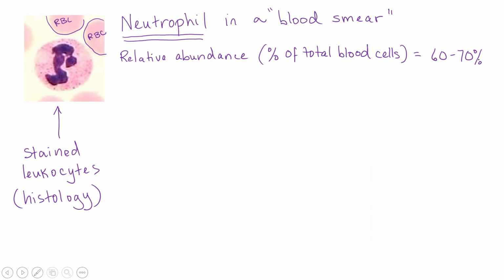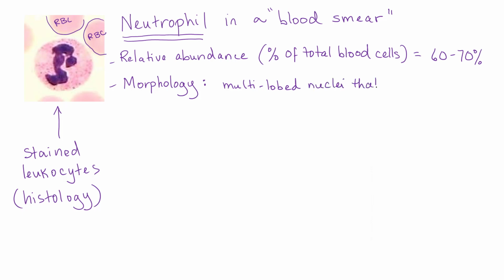One of the characteristic features of seeing neutrophils in a blood smear is that if we look at their morphology, if you remember that word, just refers to their shape. So neutrophils have this very characteristic multi-lobed nuclei that stains purple.